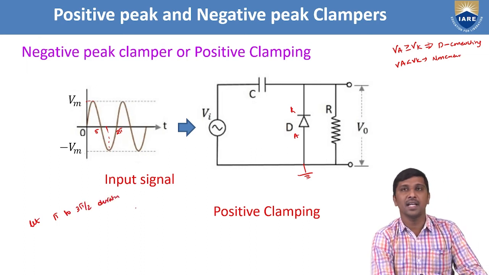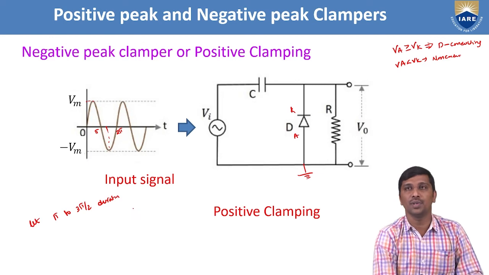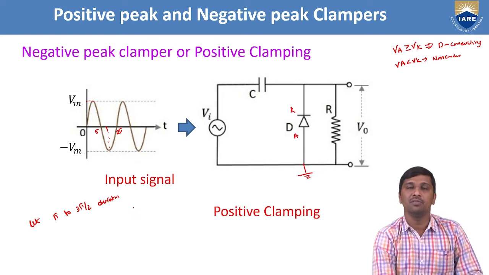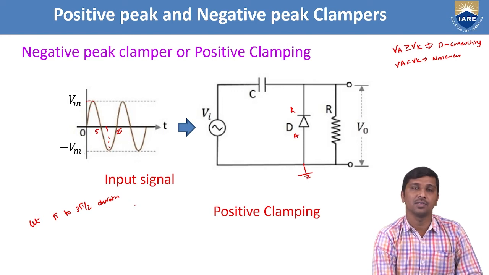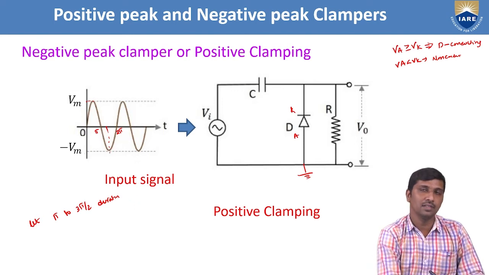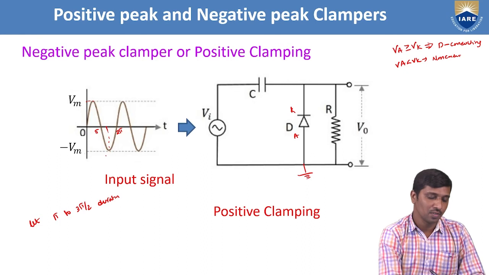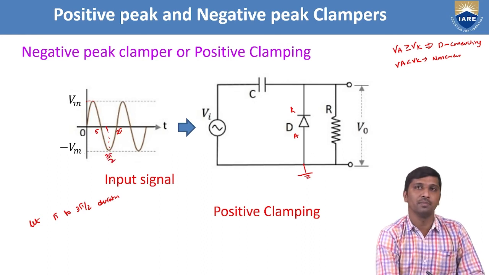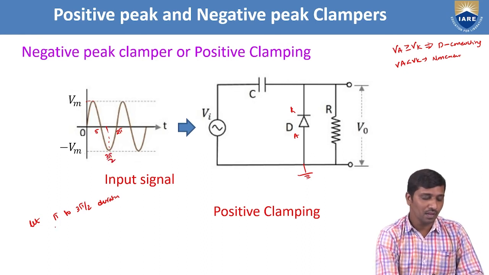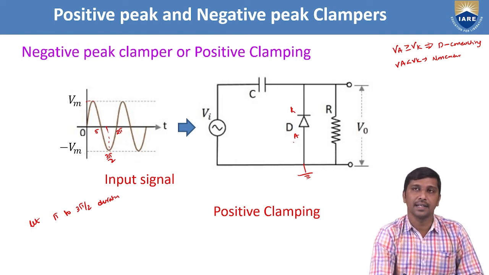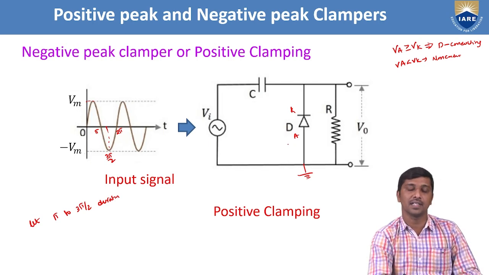In the entire pi to 2 pi duration the diode is in the conducting state, but we need to check what happens in the capacitor function. That is the reason I consider the quarter intervals here. In this pi to 3 pi by 2 duration the diode acts as a conducting state, but now we need to identify what the capacitor function is.